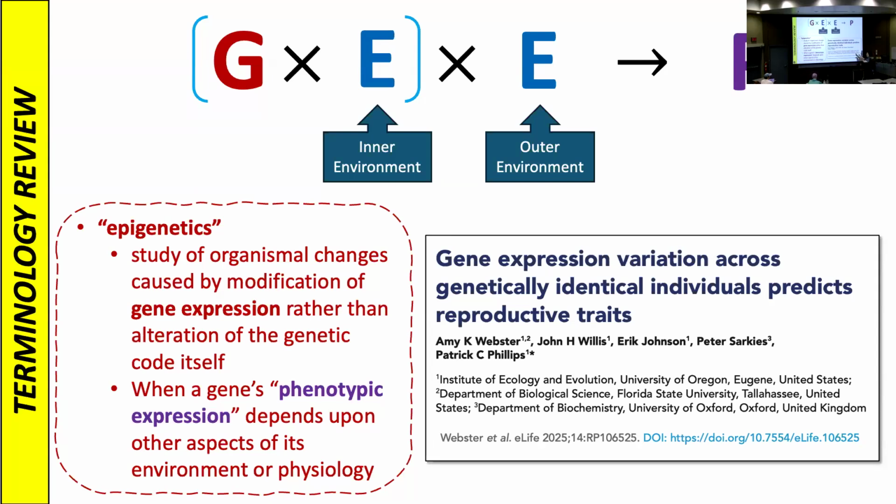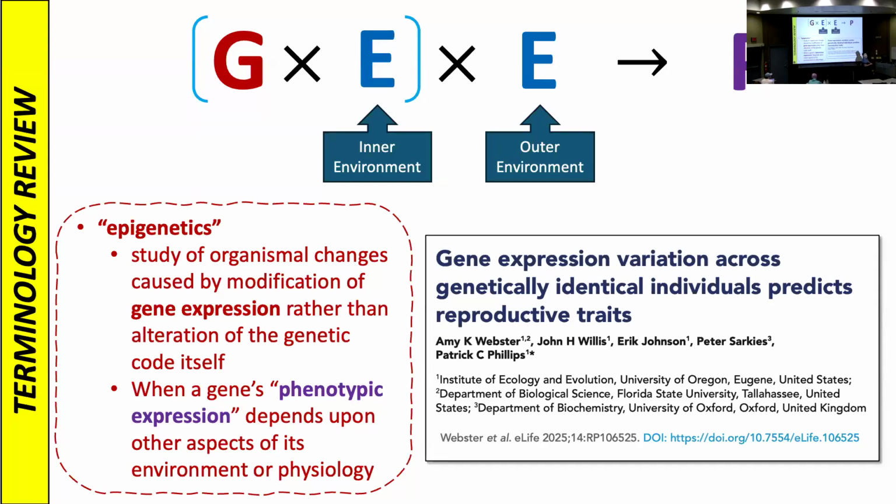And so what they did is, instead of looking at the genes, which they knew were the same, they looked at so-called gene expression. And we'll talk a lot more about this next time, but they basically looked at the transcripts, so, mRNA, for example.